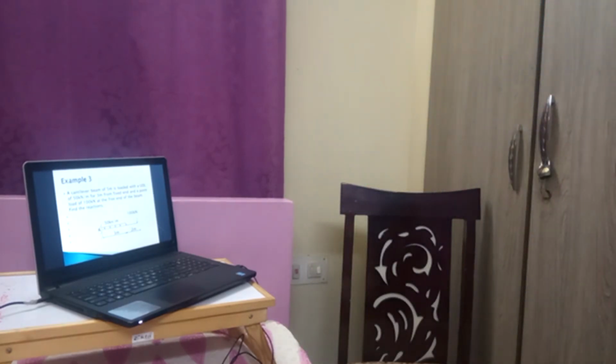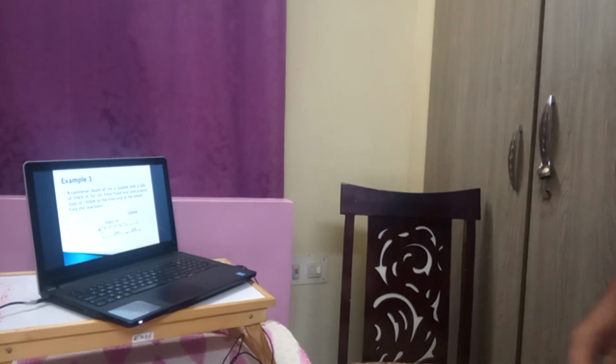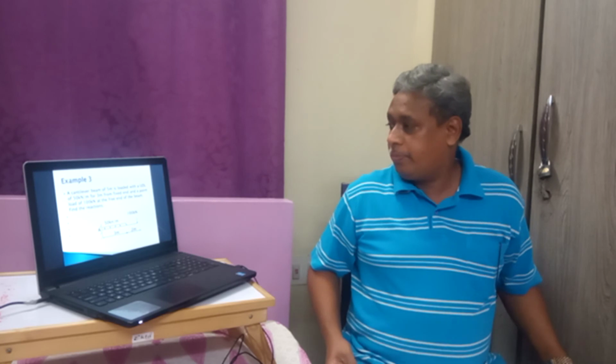W1, the load due to the UDL, is 50 into 3, that is 150 kN, and this is 100 kN. So we have two point loads of 100 kilonewtons and 150 kilonewtons.